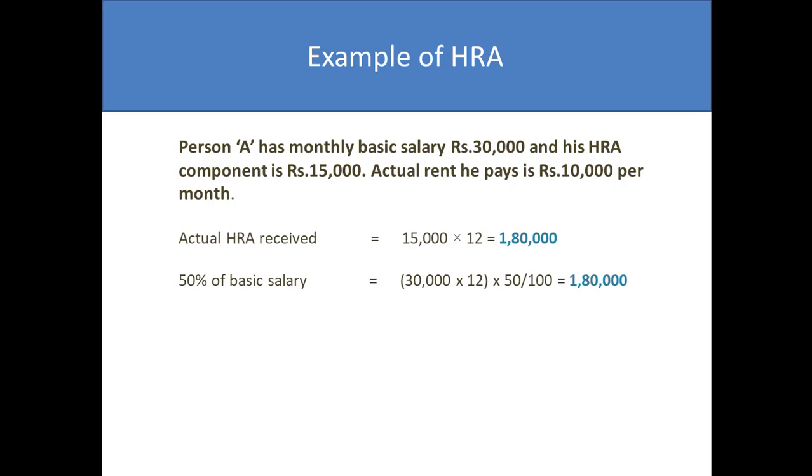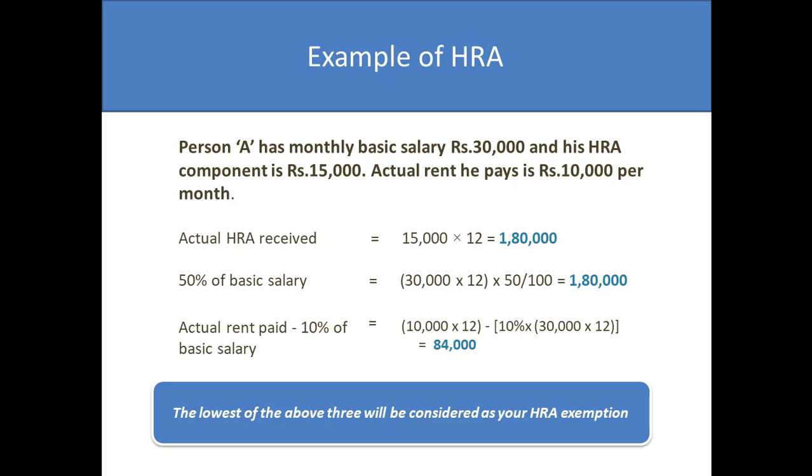Then the second provision is 50% of your basic salary, that is 30,000 into 12 into 50 by 100, that is 50%, is equal to 1,80,000 again. The third provision is actual rent paid minus 10% of basic salary. So it will be 10,000 into 12 minus 10% of 30,000 into 12 is equal to 84,000.